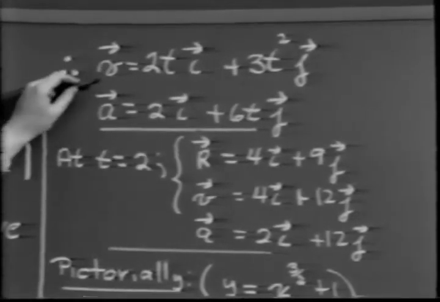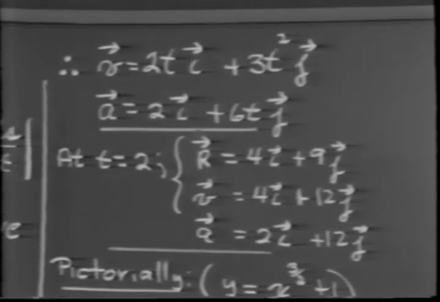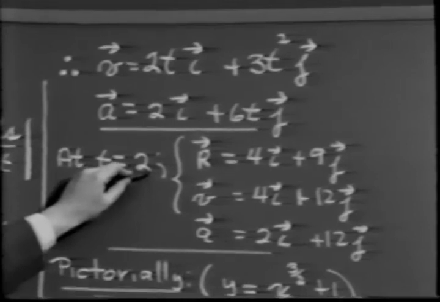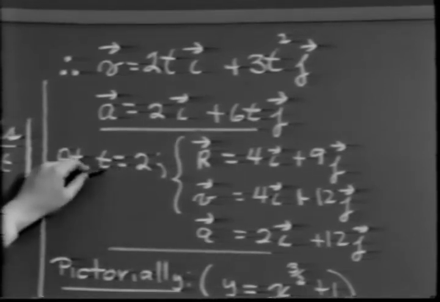And I now have the acceleration, the velocity, and by the way, the position of my particle at any time t. In particular, since I've already computed that the particle is at the point (4, 9) when t is 2, let's carry through the rest of our investigation when t is 2.